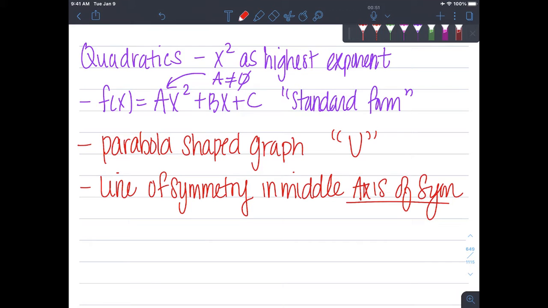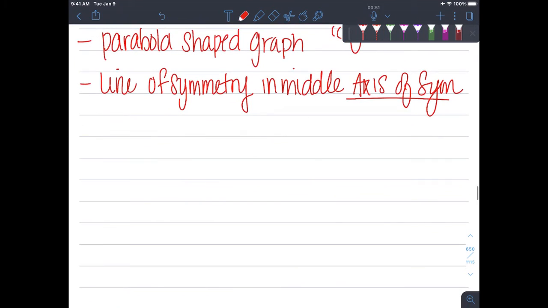Now, this axis of symmetry intersects my graph, or touches, at what's called my vertex.